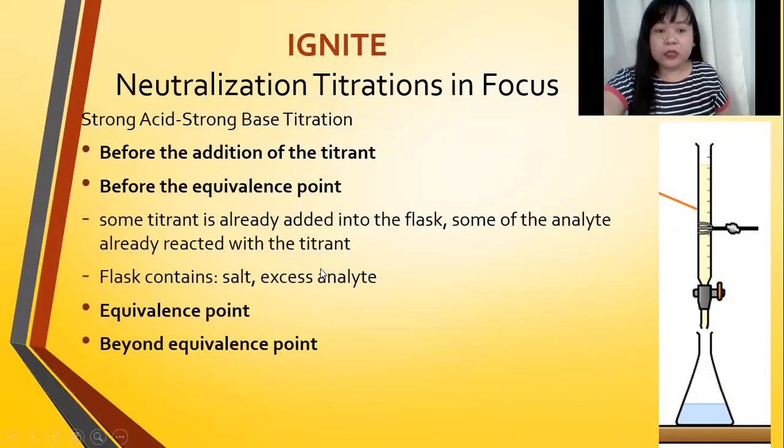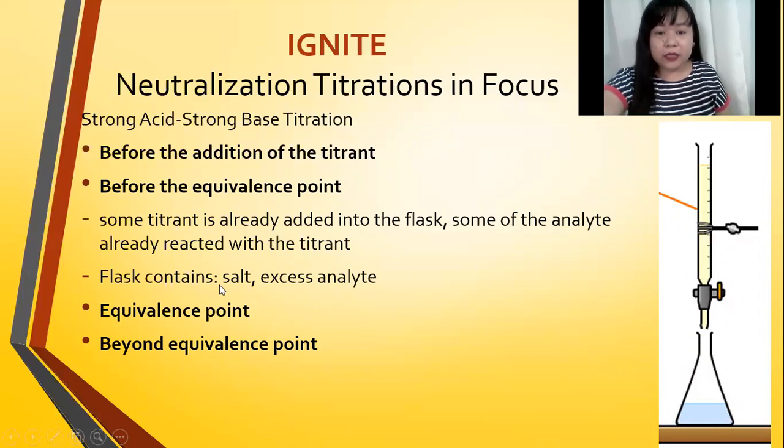Next, before the equivalence point. This is when some titrant is already added into the flask. Some of the analyte already reacted with the titrant. So in this case, the volume of the titrant here should already decrease. We should already have a reading. However, there is no noticeable change in the flask because the endpoint has not been reached yet.